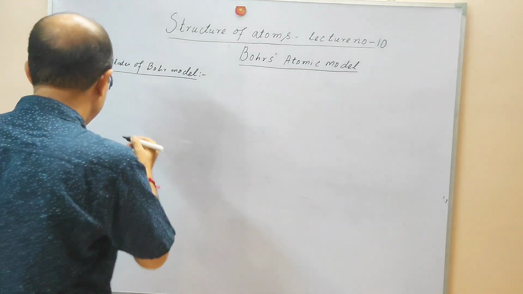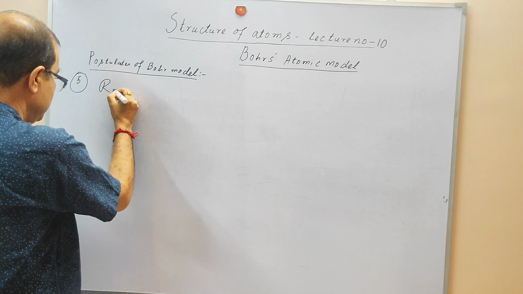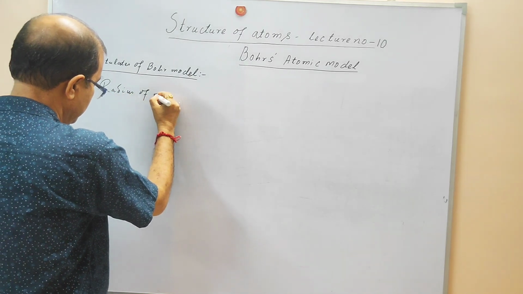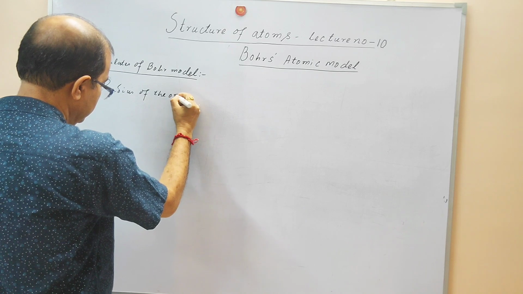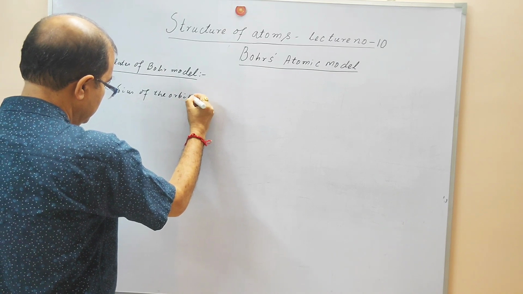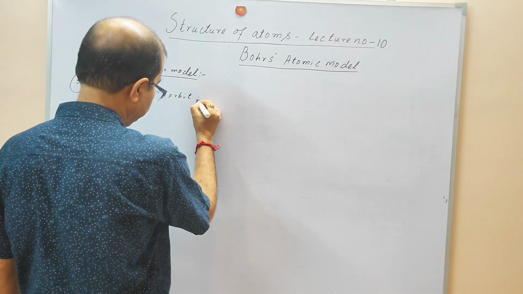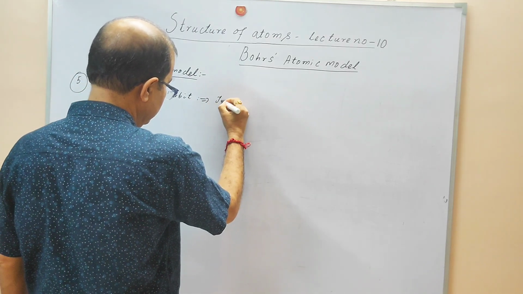This is the fifth postulate. In this postulate, we will discuss the radius of the orbit, or we can say of the stationary state.